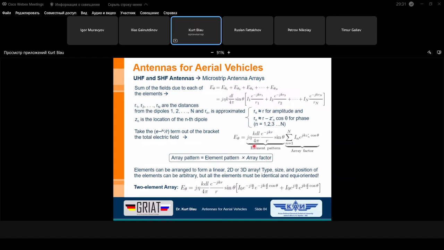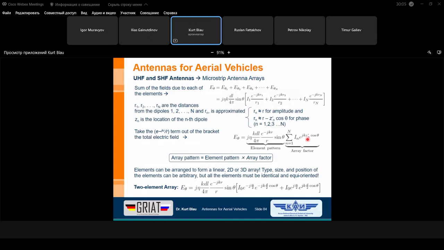This is the single element. It's in this case valid for the very short, or more or less Hertzian, dipole. I look again at the eta here. It's the free space wave impedance, 120 pi ohm. Don't forget it. And here, this is the dependence on the angle in free space. And here, you know, it's our current distribution along the dipole.